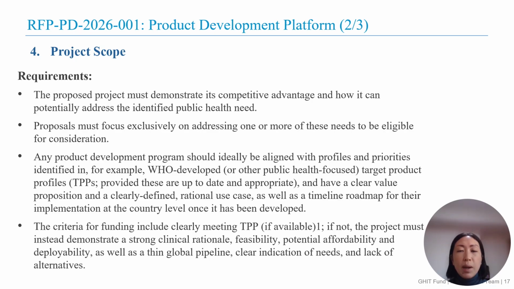It is also recommended that your product specifications align with the target product profiles. If no formal TPP exists for your product, you must still demonstrate feasibility, affordability, and a clear indication of unmet needs. These elements are essential for reviewers to understand how your product will contribute to global health.